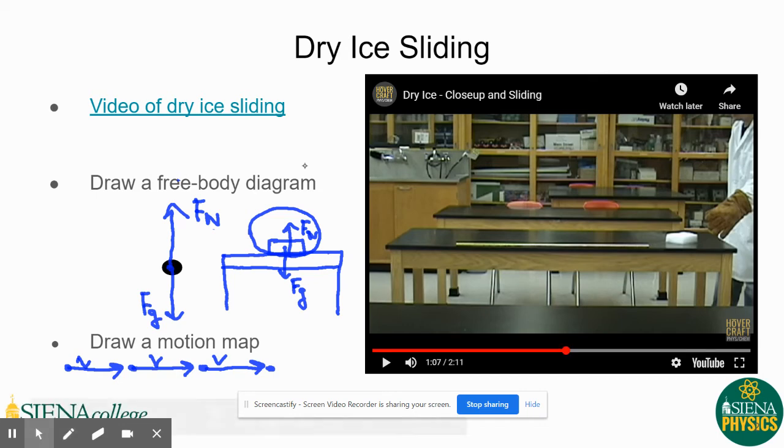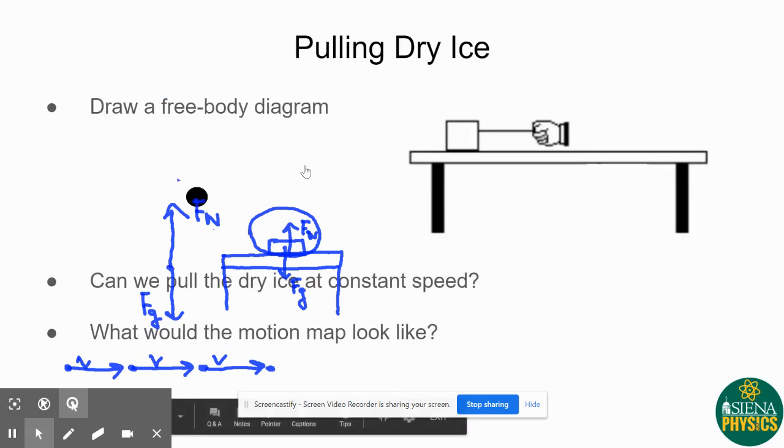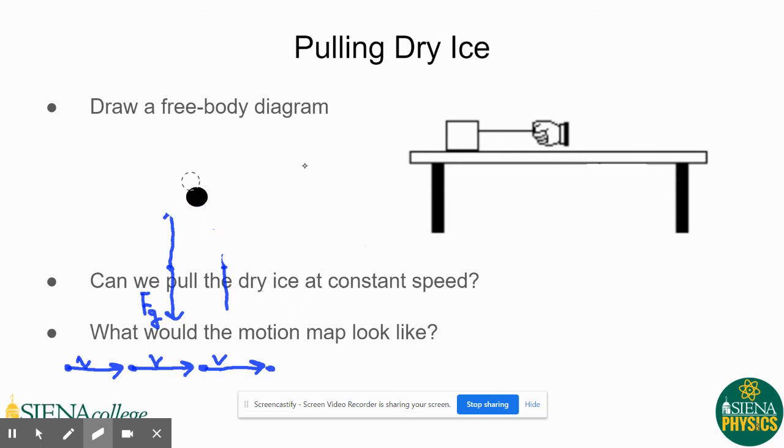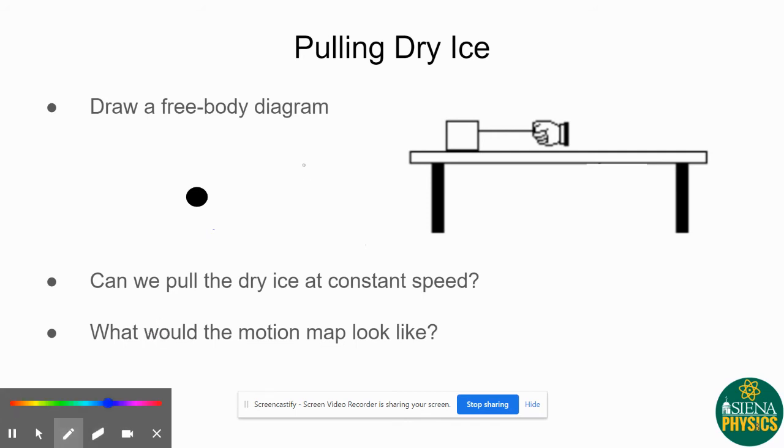So if we go ahead, I'm going to erase this. All right, so we're going to draw a free body diagram here for the block of ice. Now imagine that we pull on the block of ice. Okay, so here I'm going to draw our boundary, right?